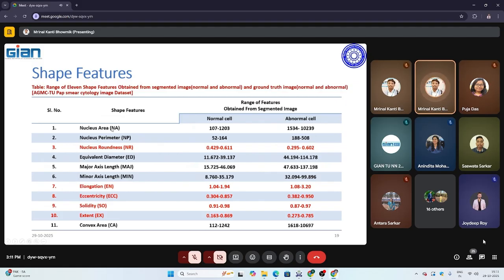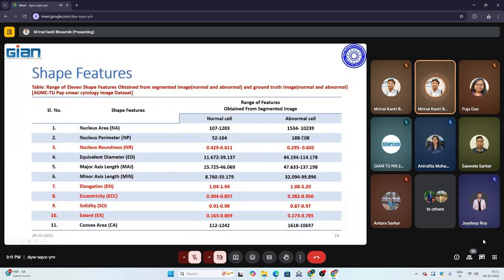So here you can see nucleus area, nucleus perimeter, then equivalent diameter, major axis length, minor axis length, and convex area. From these values, we can easily find out the difference.